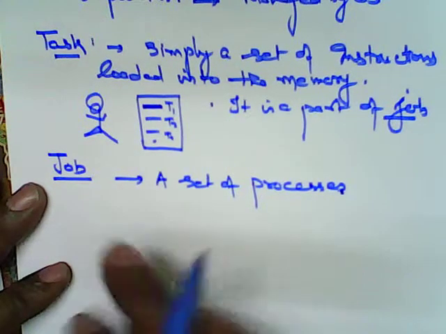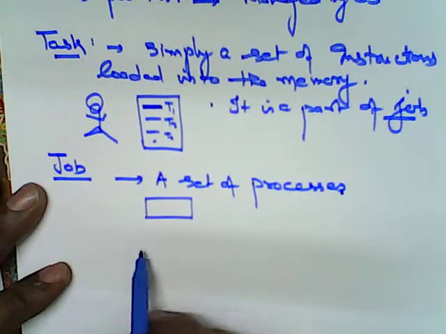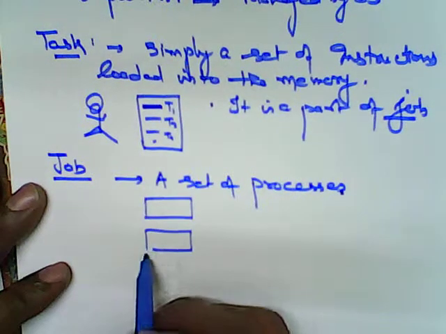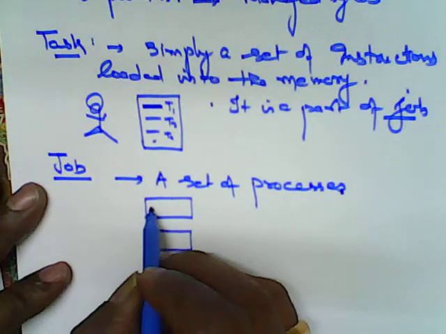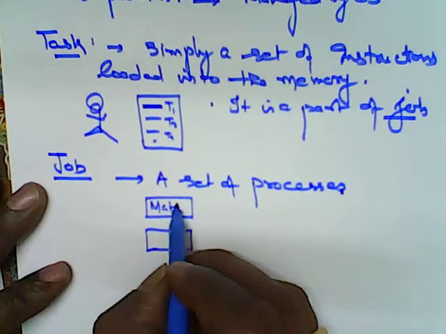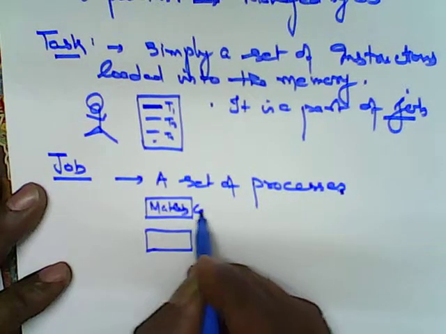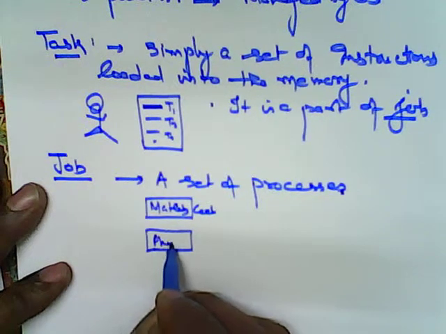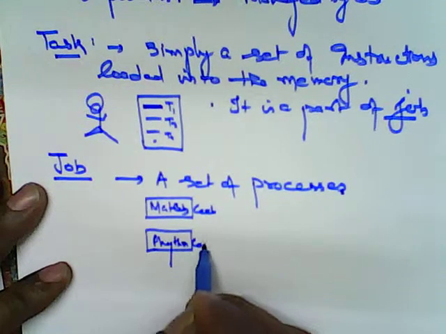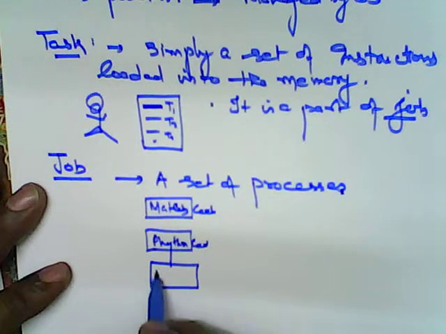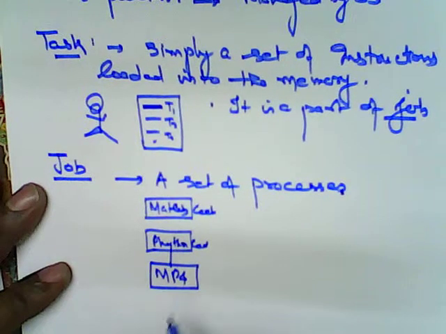So you have one process. Let us take that this process is a MATLAB code. This process is a Python code. This process is an MP4 video file. These are nothing but different processes.